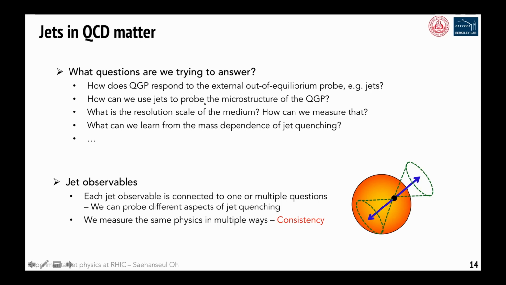So actually I wanted to follow up a bit on Ding's first question about the resolution scale. So when the jet fragmentation is below the resolution scale, does it actually mean that the quenching mechanism is going to be different?